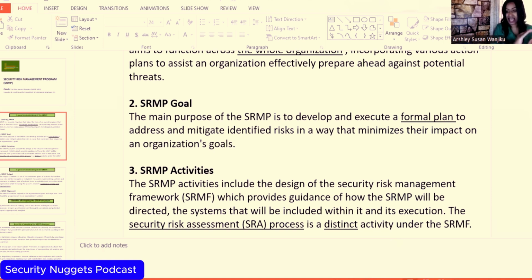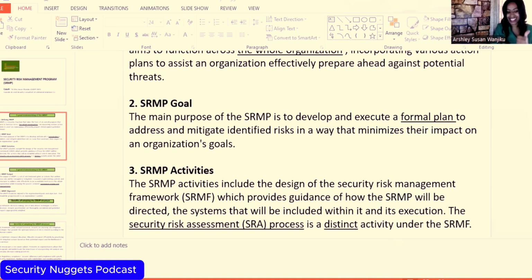It formulates the backbone of the security risk management program, and you need to properly assimilate what that is about. So it is another very important activity.